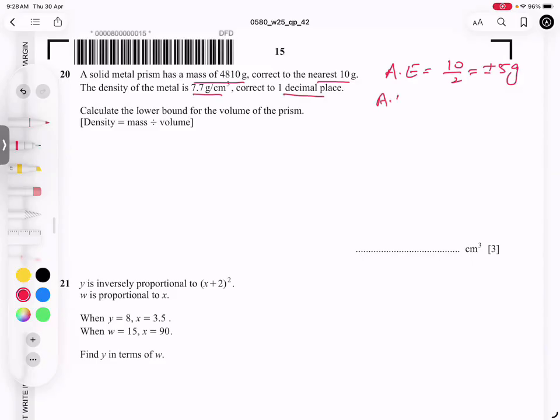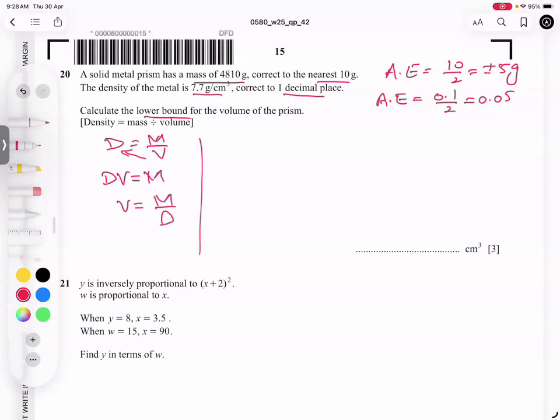So absolute error for density is 0.1 divided by 2, so 0.05. So now he's asking the lower bound of the volume. Formula is very clear. Density equals mass over volume. If I multiply there, density times volume equals mass. If I divide by density, it will come in this form.